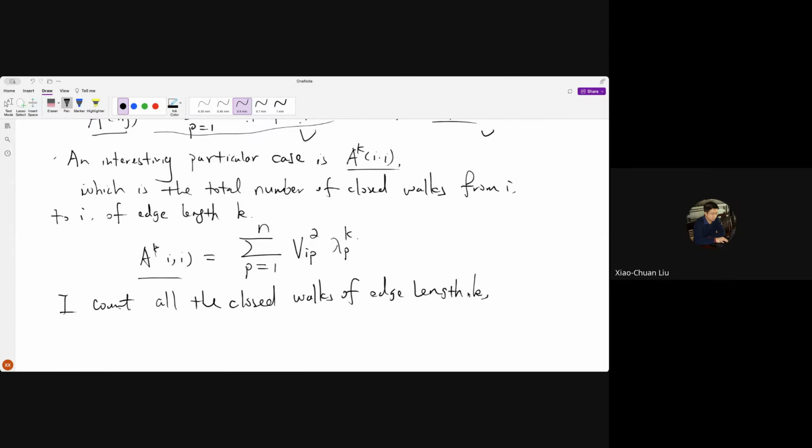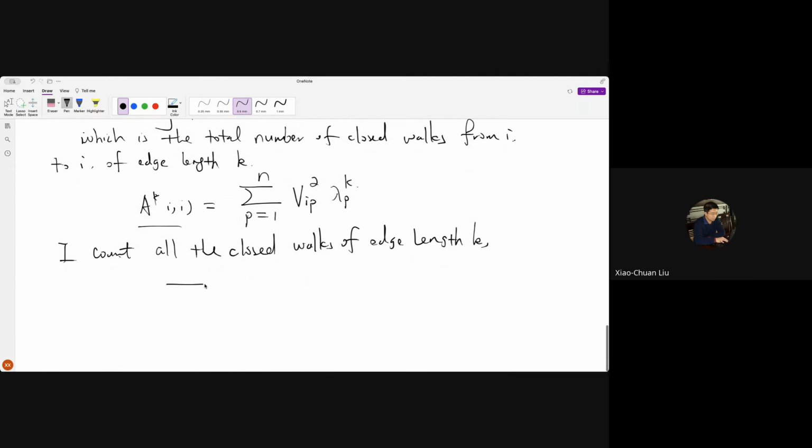So it means that I need to make a further sum, I from 1 to n. I start from vertex 1 and end at vertex 1, and I start with vertex 2 and end at vertex 2. Okay, I make all the sums of A^k_ii. So actually this is the sum of all the diagonal entries. It is usually called the trace of the matrix A to the power of k.